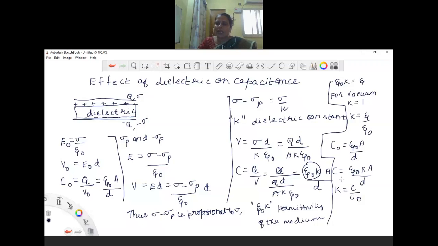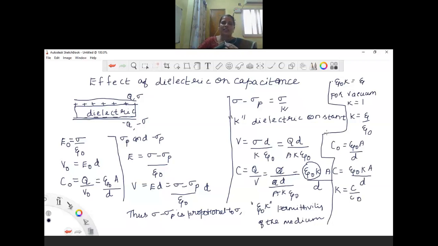So K is equal to C by C naught, in terms of capacitance. And also in terms of permittivity we have for the dielectric constant K is equal to epsilon by epsilon naught. So when we introduce or insert the dielectric between the two parallel plates, then the capacitance of the capacitor will increase.